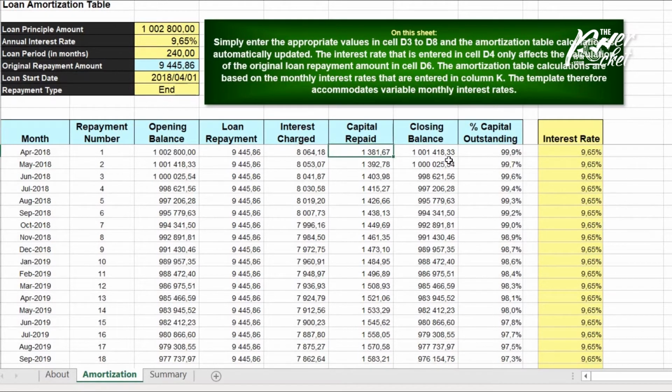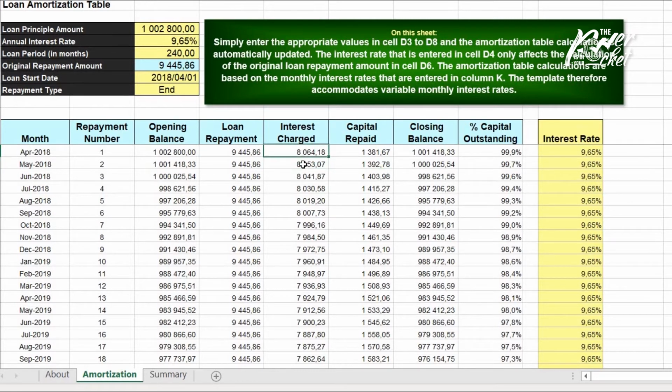So once you've paid back that amount, and that's the closing balance, the next repayment for the next month is going to be calculated on this amount, and this is why the opening balance is that amount. And now, because the repayment stays the same, you're going to pay more on your capital and less interest.